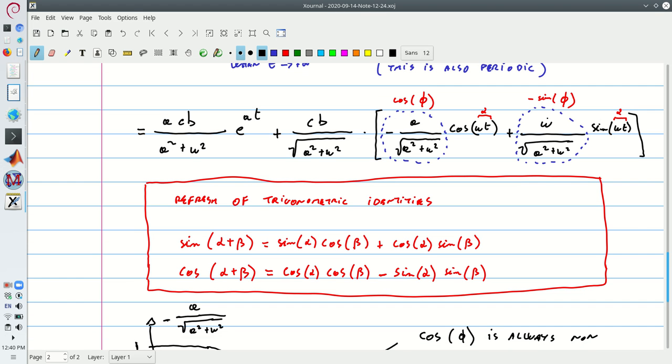this quantity omega divided by the square root can be interpreted as minus the sine of phi. This other quantity, minus a divided by the square root of a square plus omega square, is the cosine of this angle that I have just found.